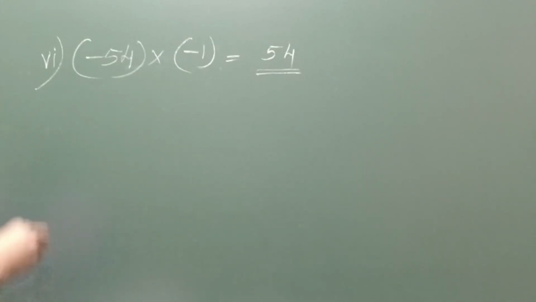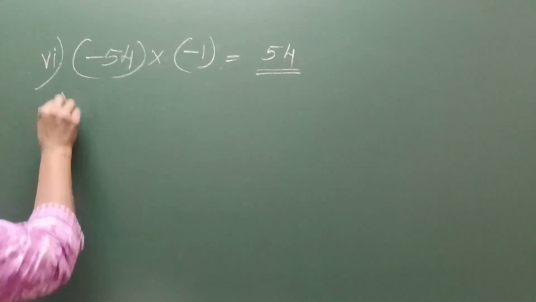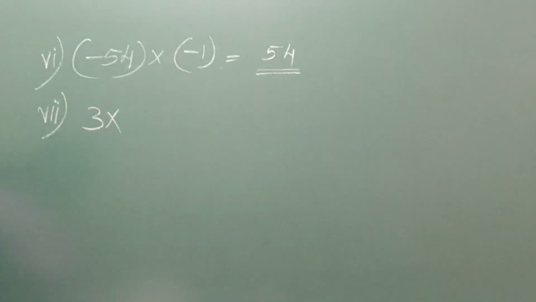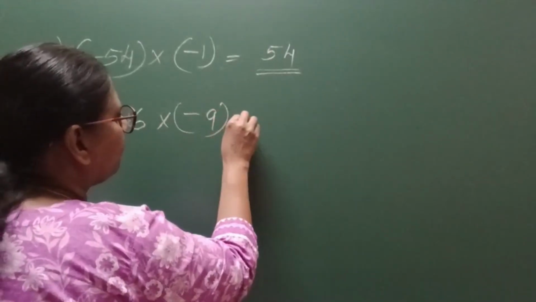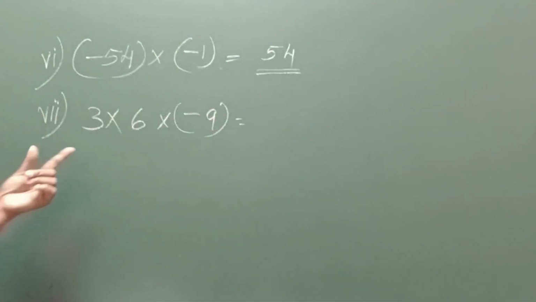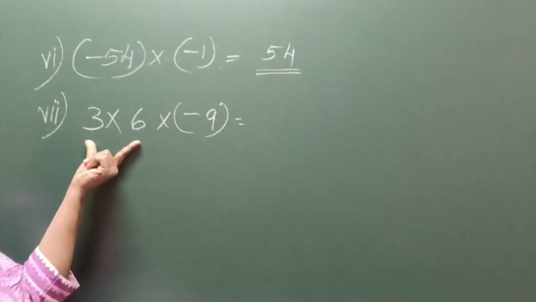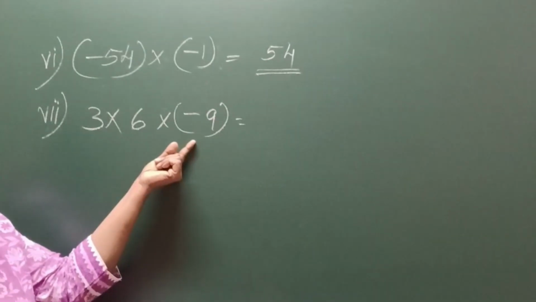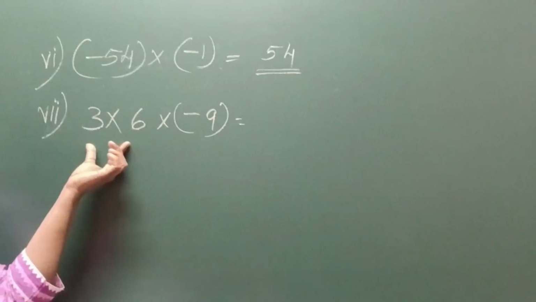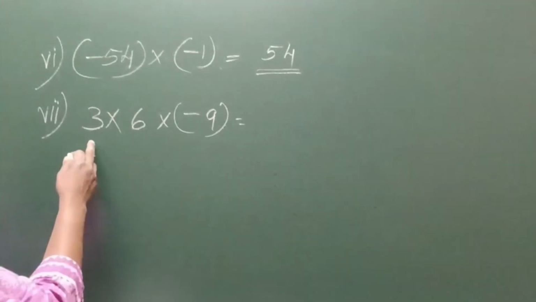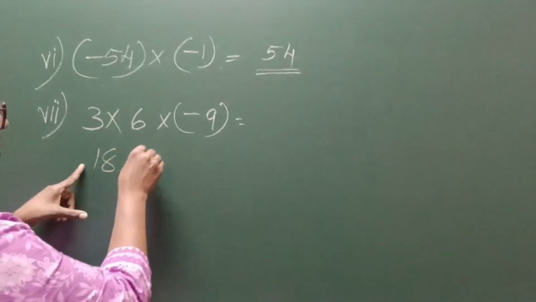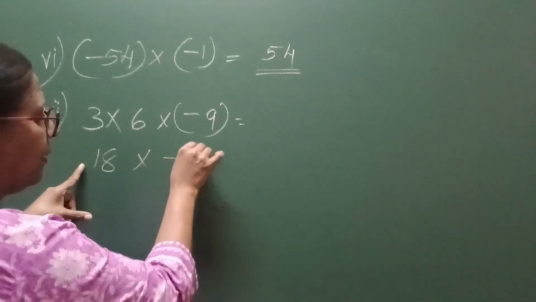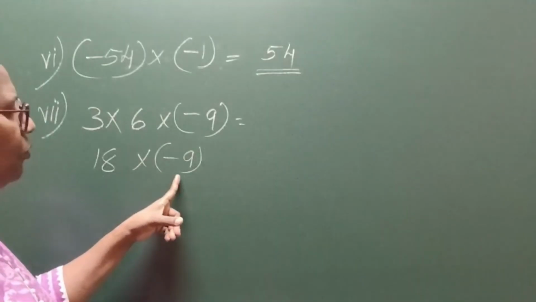3 into 6 into minus 9. How to do this? Here there are two positive integers and one negative. First we do 3 into 6. 3 6s are 18. Then into minus 9. 18 into minus 9.